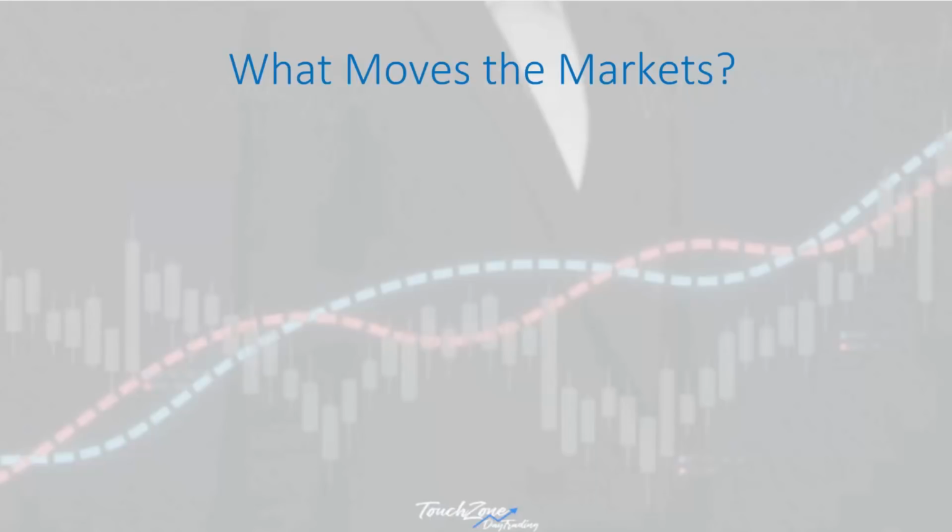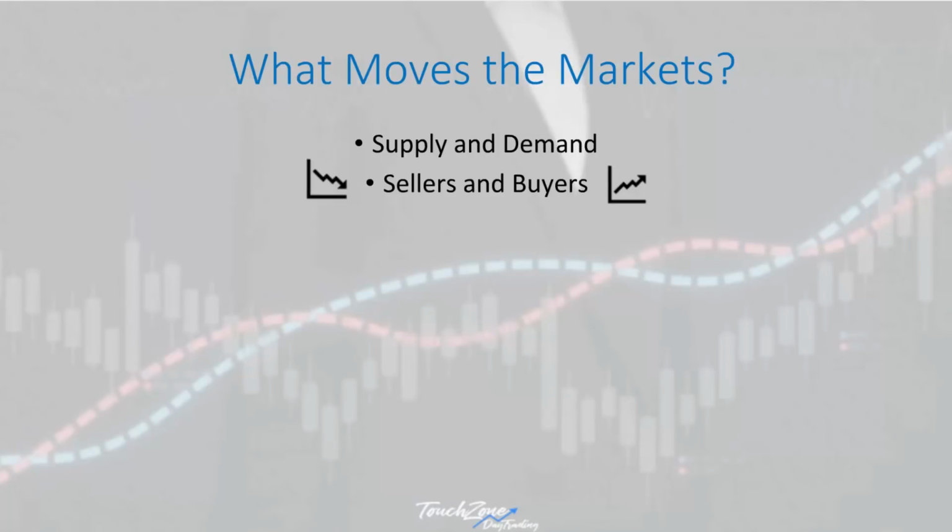Supply and demand, institutions, buy and sell at the market, aggressiveness, buy and sell imbalance, volume, demand. Awesome answers. Thank you so much. Thanks for your participation. Supply and demand. Sellers and buyers, the ask and the bid.